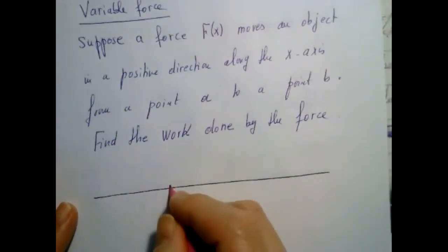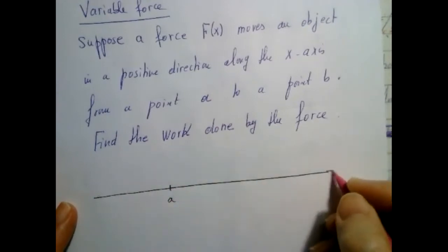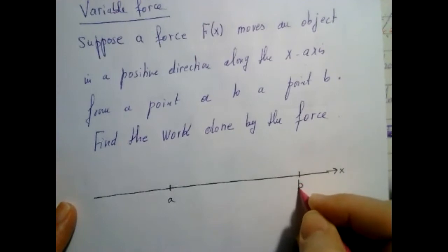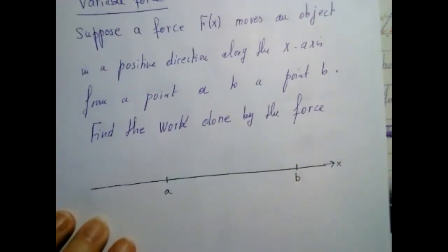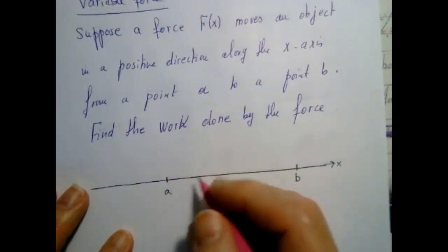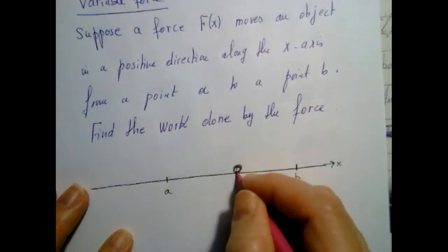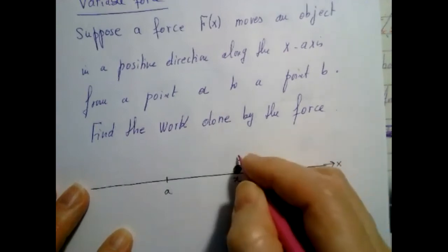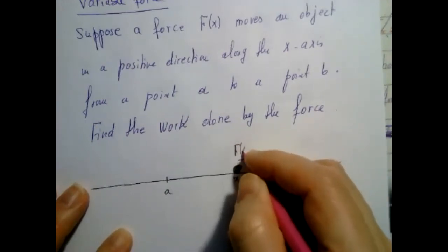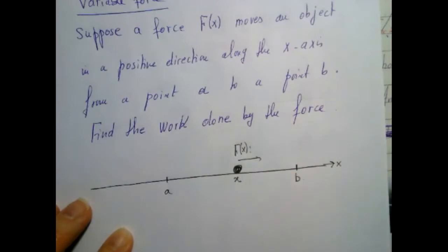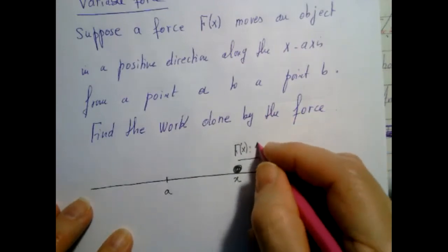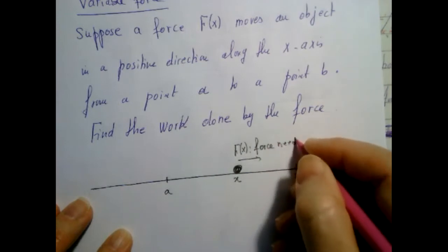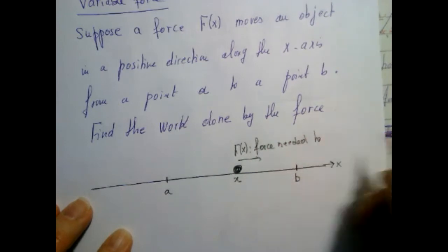Okay, that's point A. That's the x-axis, and that's B, from A to B. And I have a force acting on an object at the point x. f of x is the force needed to move the object at the point x.